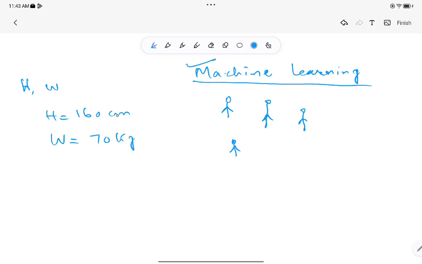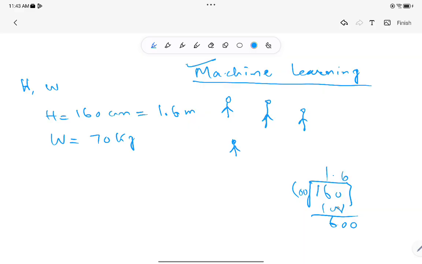Instead of 160 centimeters, we can write this height in terms of meters. If we convert this into meters, we have to divide this by 100, because 1 meter contains 100 centimeters. So when you divide this by 100, you will get 1.6 meters. You can check it yourself by dividing by 100.